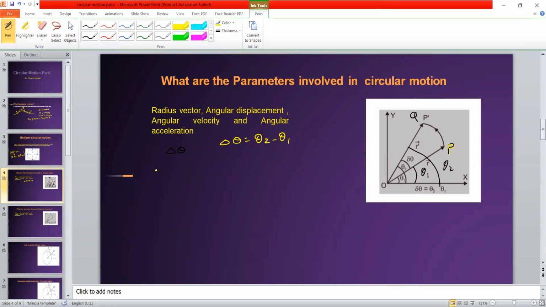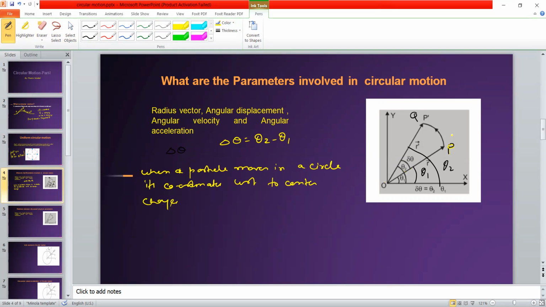So when a particle moves in a circle, its coordinates with respect to the center change.